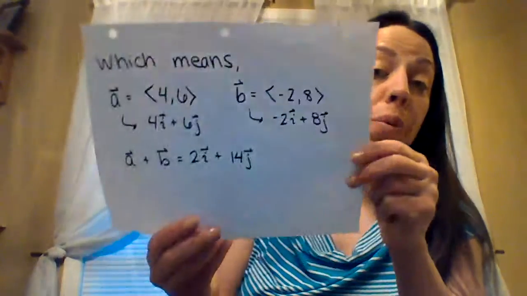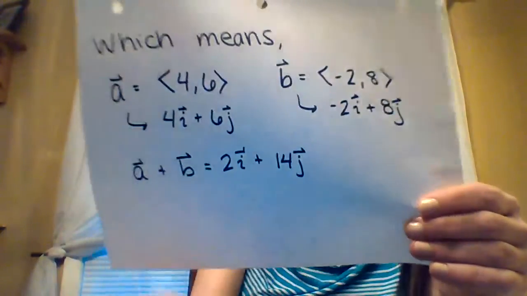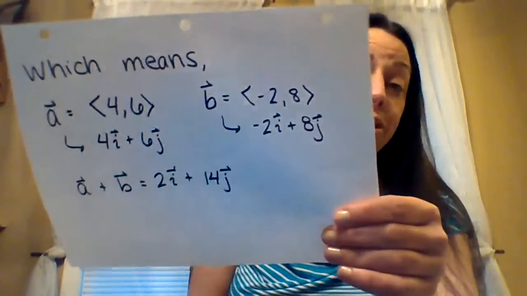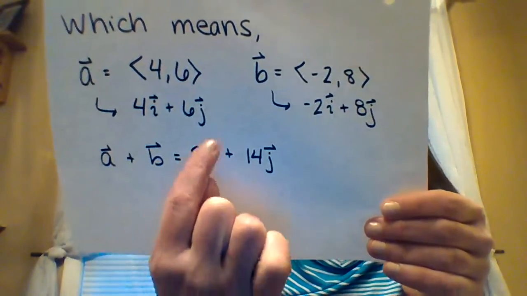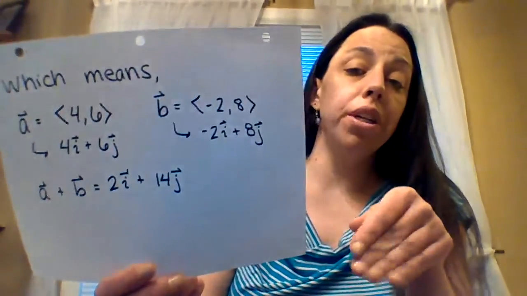So when we do this, we would combine our i components, combine our j components just like we would before. So 4 and minus 2 is 2, and you keep that i on there to say that's still in the i direction, and 14j. The reason I didn't bring it up till today is because it really follows everything else as well, and it actually is needed for today.